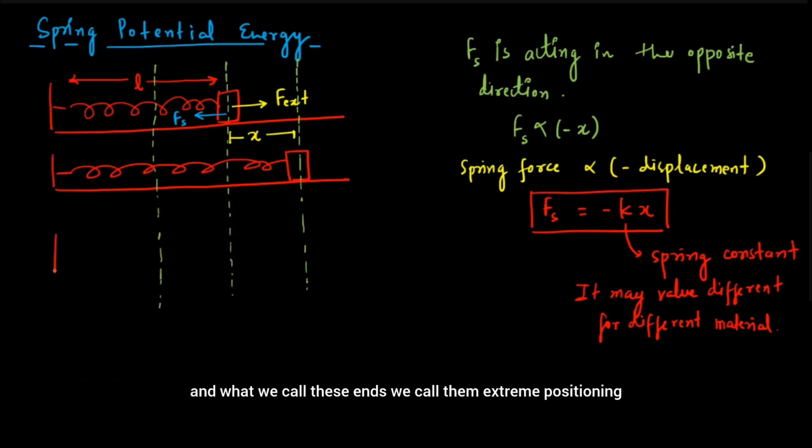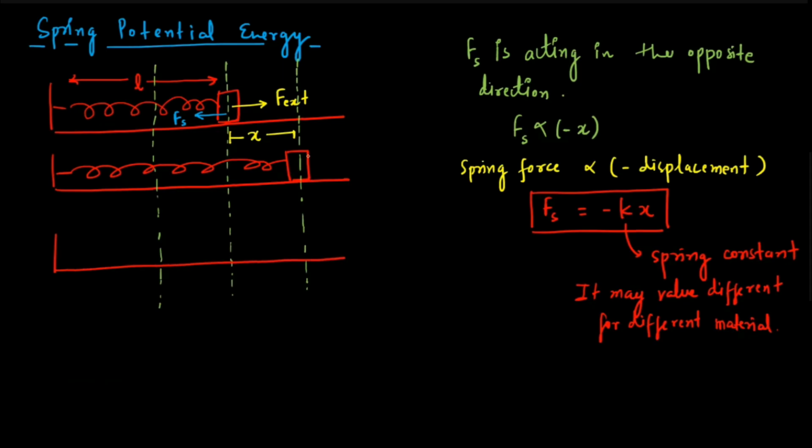And we call these ends the extreme position. The moment we release the force, what is the natural tendency of the spring? The natural tendency of the spring is to go to its natural length because of this spring force.